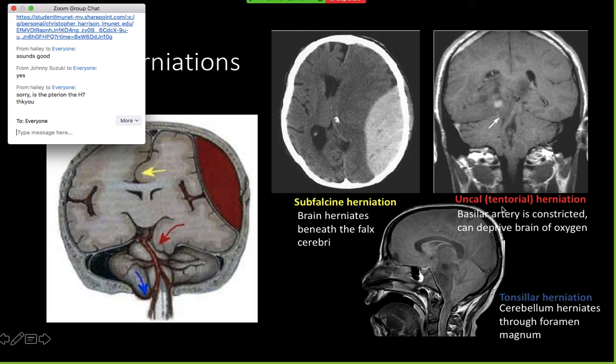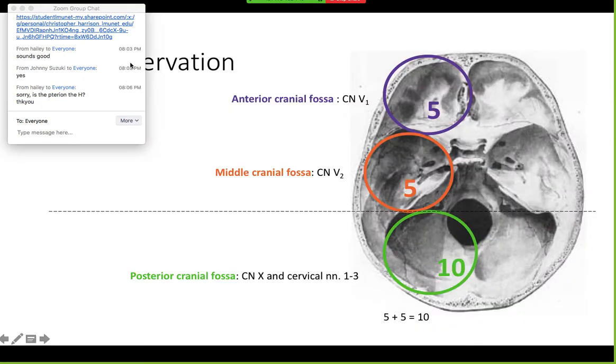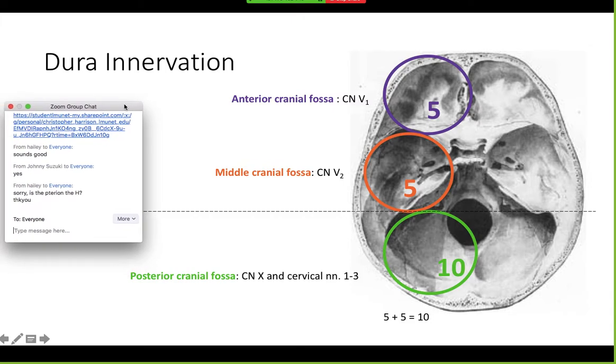And then the uncal or tentorial herniation is of concern because when the brain begins to herniate back here, the basilar artery is constricted, so you're depriving the brain of oxygen. So for now, I would know subfalcine and uncal herniation.